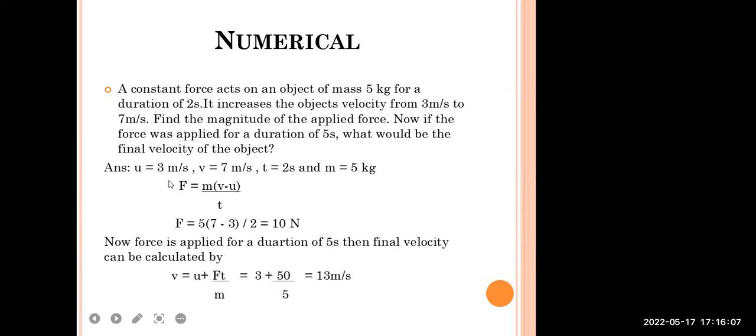So u is 3. F is equal to 10, t is 5 seconds. So it will be 50 upon 5. 50 by 5 will be 10. 10 plus 3, it will be 13 meters per second.